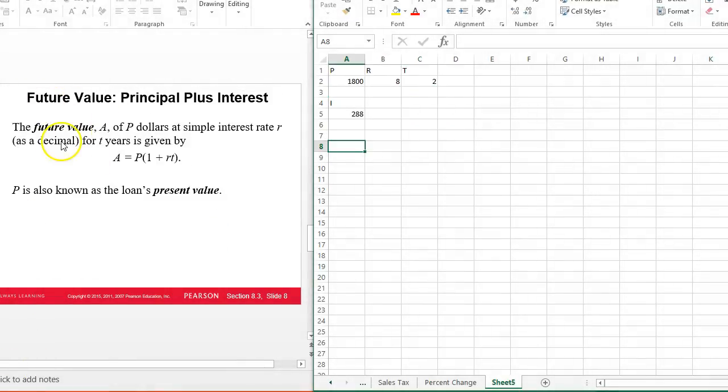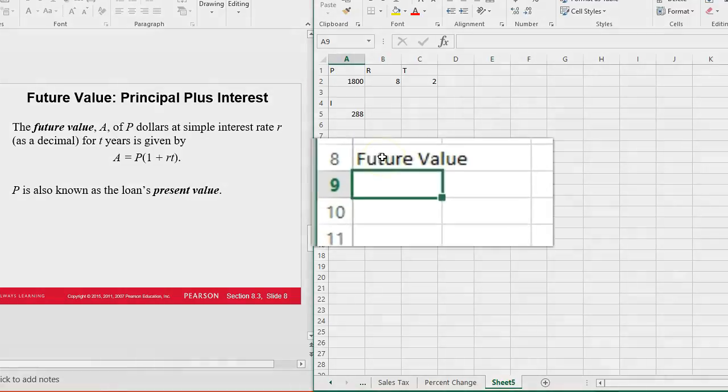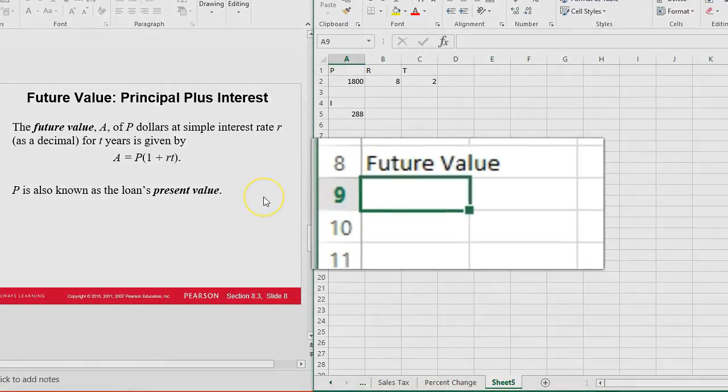Alright, another one, future value. A equals P times 1 plus RT. So still to compute this, all we need is P, R, and T. We just have that extra 1 in there. Alright, so right here with this cell, I'm going to write future value. And then down below it, I'm going to type in an equals. Alright, and then I'm going to click the P. Not the letter, but the number that's associated with it.